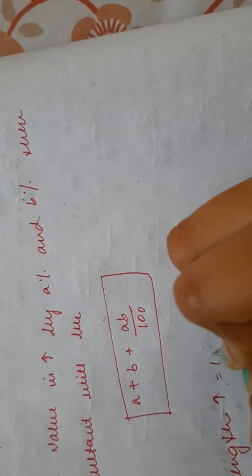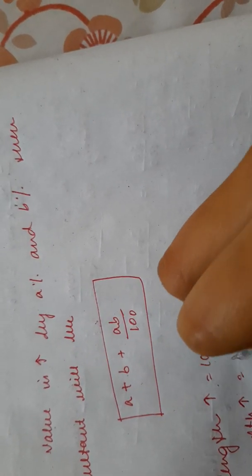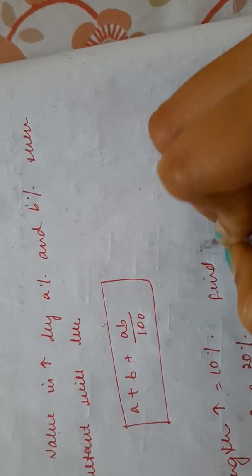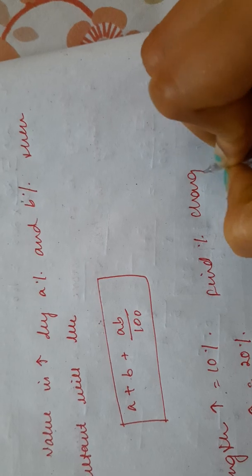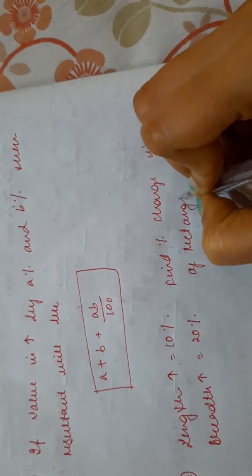Length is increased by 10%. Breadth is also increased by 20%. Find the percentage change in the area of the rectangle. Let me repeat the question.